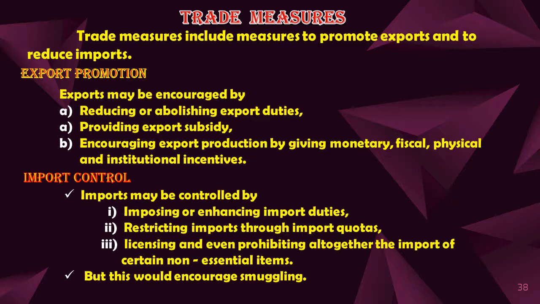Next, licensing and even prohibiting altogether the import of certain non-essential items, not permitting them to get into the country. But this would encourage smuggling. If the country does all these measures for export promotion and import control, naturally it will lead to smuggling.